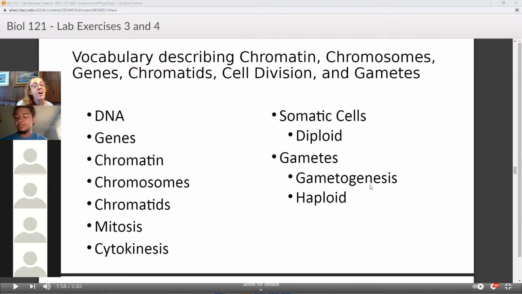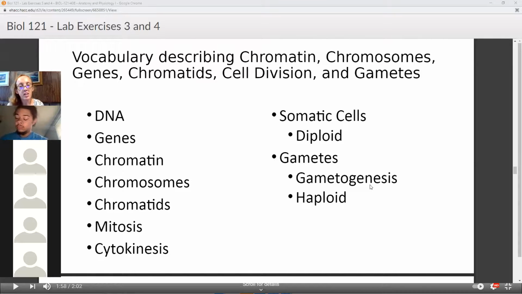If you think about Genesis, if you've ever seen that part in the Christian Bible, what does it talk about? It talks about the creation of the world and the creation of Adam and Eve.